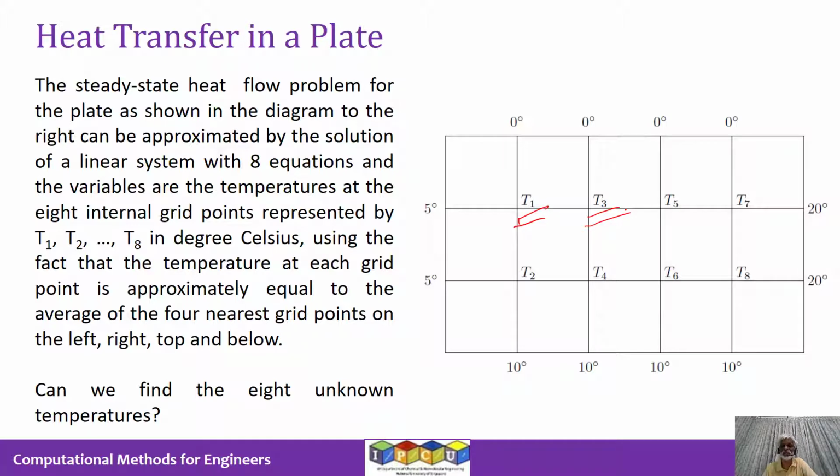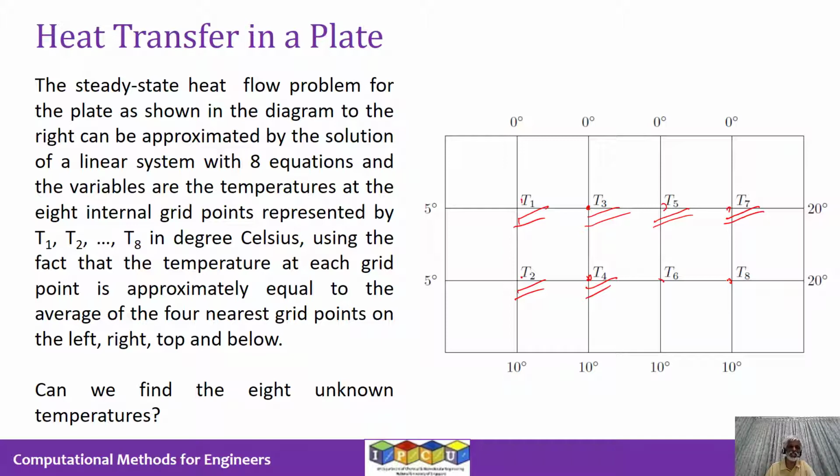In this case, it is temperature. So we say, I want to find out the temperature at these grid junctions, at these particular points. We have identified 8 points because of the way we have done the gridding. So we need to find out T1, T2, T3, T4, till T8.